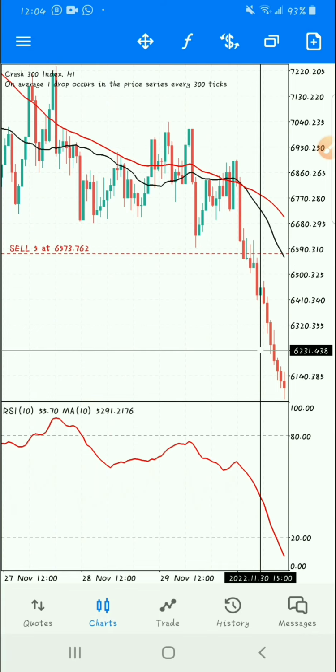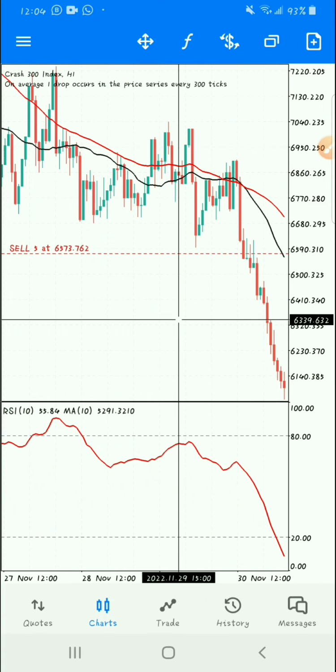So where do you put your stop loss? You put your stop loss above the support or resistance level. I told you in the previous video how to get the support and resistance level, so I don't want to repeat that. If you want to learn how to get the support and resistance level, guys, just tap on that link above this video on the right hand corner.